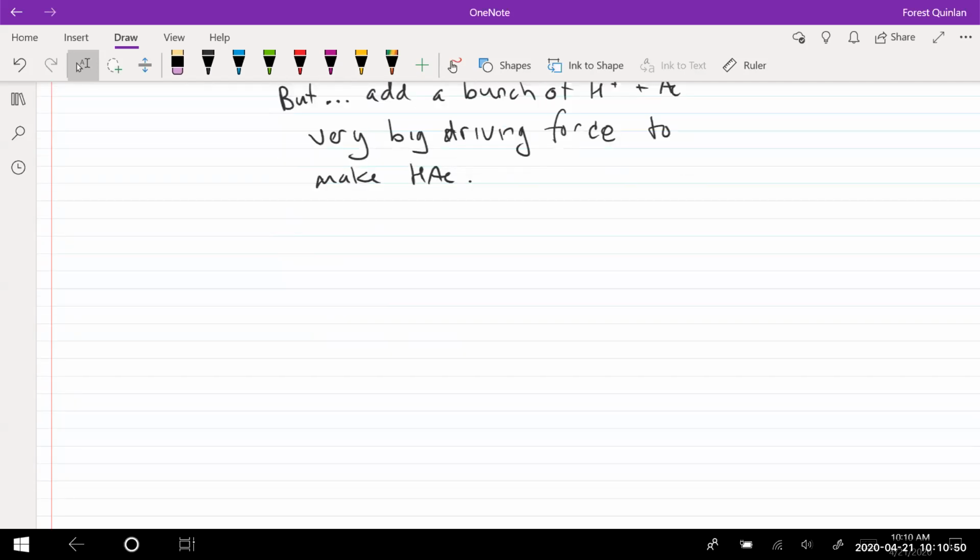So why does any of it stick? What do you mean? Why does any of it stay as H plus and AC minus if the net thing is to make HAC? Well, because remember, rate laws say how fast, equilibrium says which way and how much.